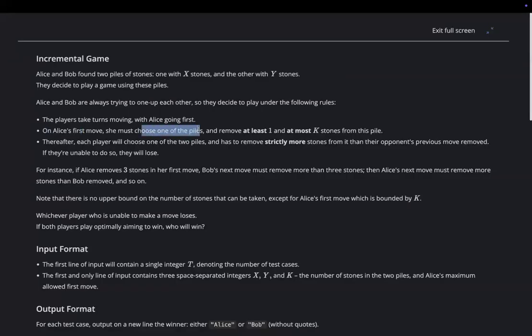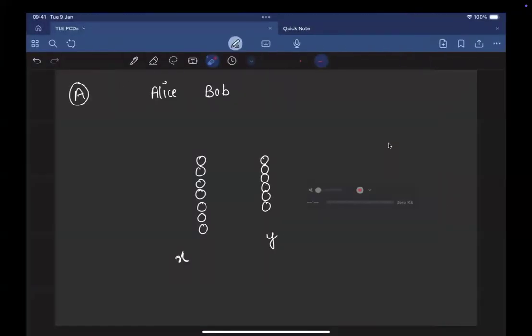She can choose one pile and remove at least one and at most K stones from the pile. After that, both of them will go one by one. Bob, then Alice, then Bob, then Alice, and so on. And they have to remove strictly more stones from the pile they choose than the number of stones that the opponent had removed in the last turn.